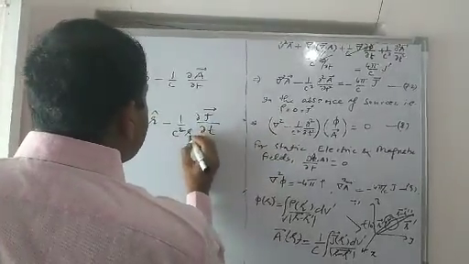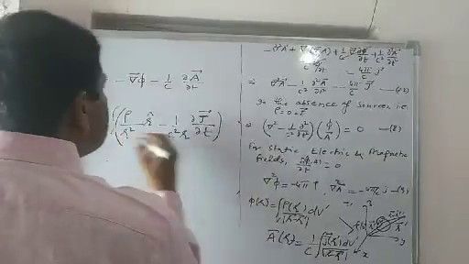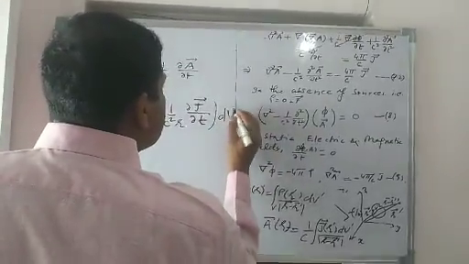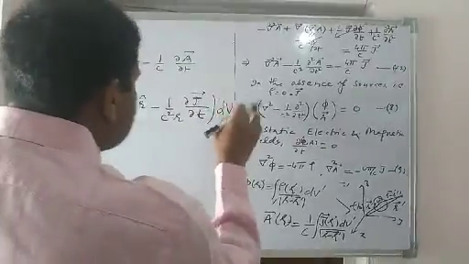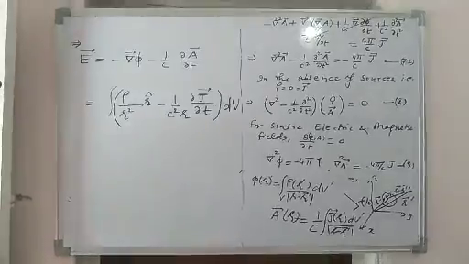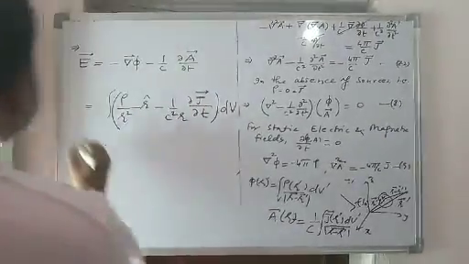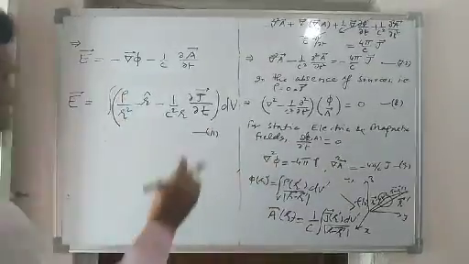However, we had 1 over r in the previous expression, so that should also stay, and this ρ should be integrated over the whole volume to get the charges and the current. So this is how we should be able to obtain the solution.